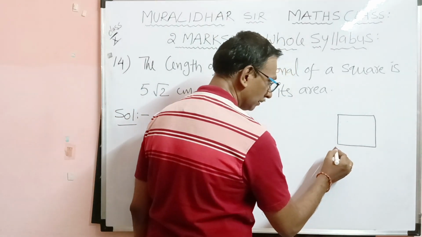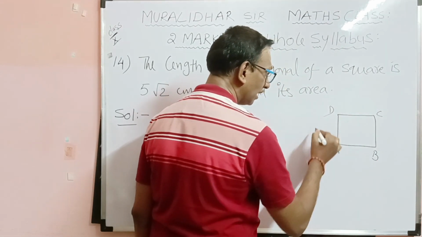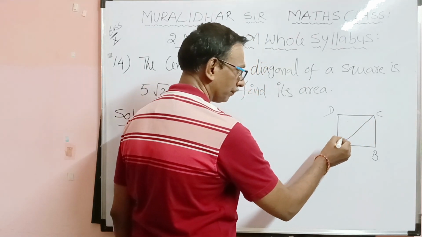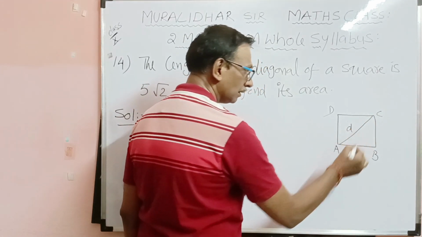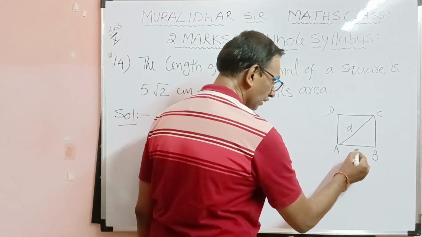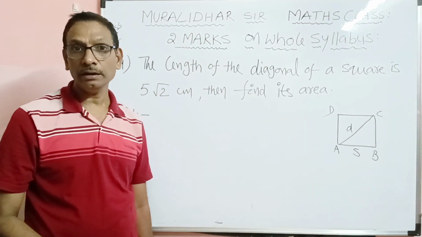We know that square means all sides are equal. Now draw a diagonal. You take the length of the diagonal as d units and the side of the square as s units.